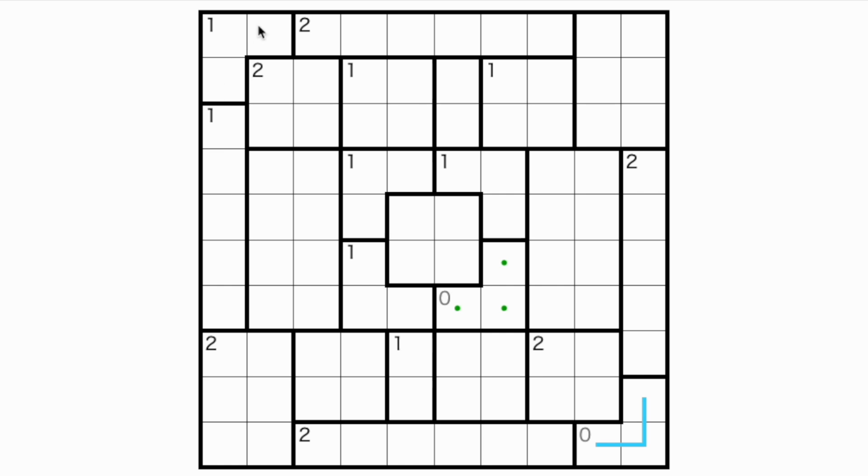Up in this corner, this 1 is interesting to me, because one thing I know about Yajilin is you have to be careful about placing shaded cells on edges, because if we were to put a shaded cell here, we would end up with a dead end here, since we can't have 2 shaded cells that are adjacent. So a shaded cell here leads to a dead end, which makes the loop impossible.